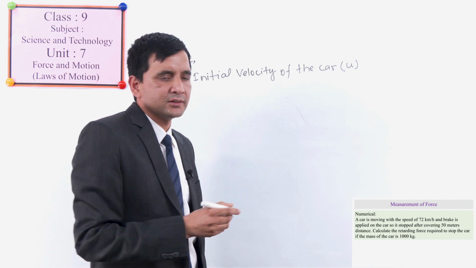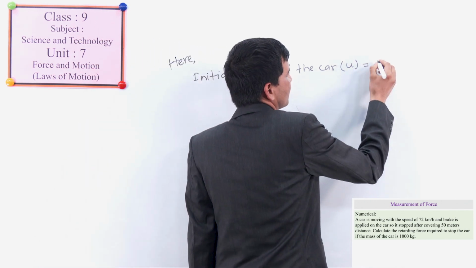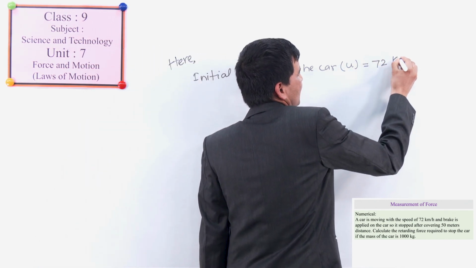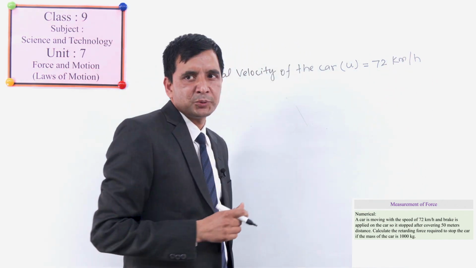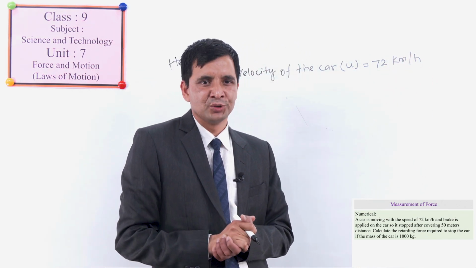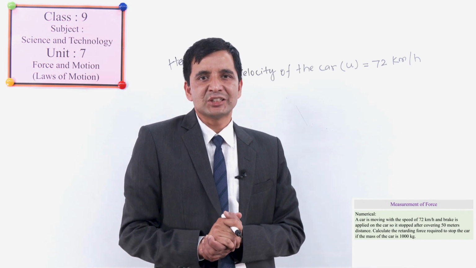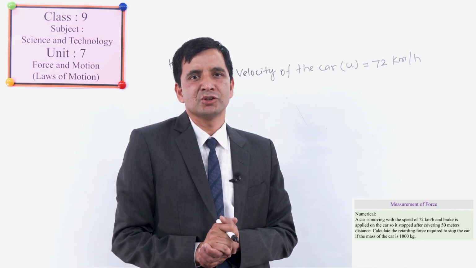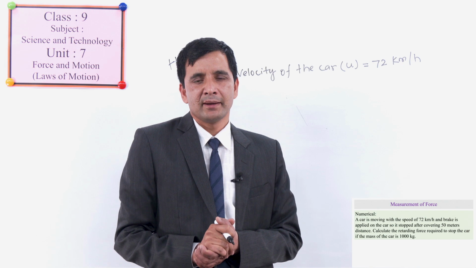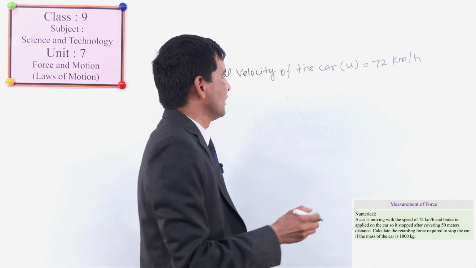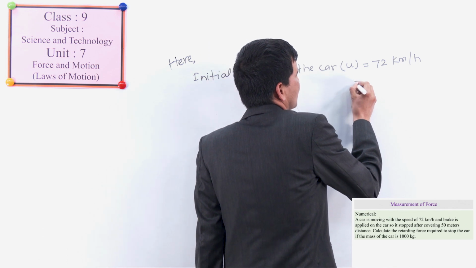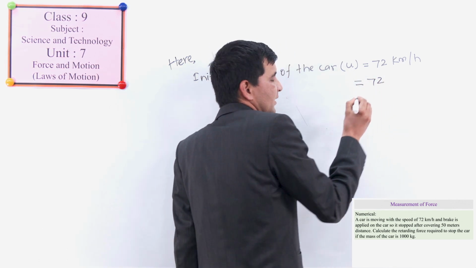The initial velocity of the car is 72 km per hour. Is it an SI unit? No. Generally the speed of the car is measured by its odometer in kilometer per hour, but in science the SI unit is meter per second. So let us convert this 72 km per hour into SI unit.